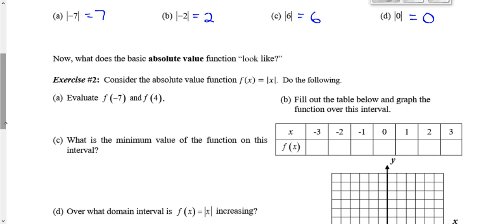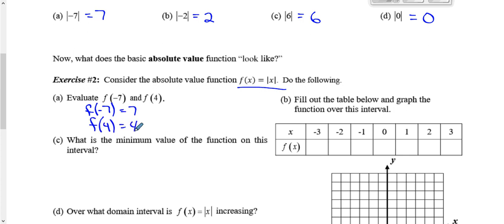No, they'd always be above the x-axis, right? Unless afterwards you subtracted 5 or something from it, right? Okay. But so we're gonna graph f of x equals the absolute value of x, okay? But so real quick here, what does f of -7 equal if we put it in that function? 7. And what does f of 4 equal?